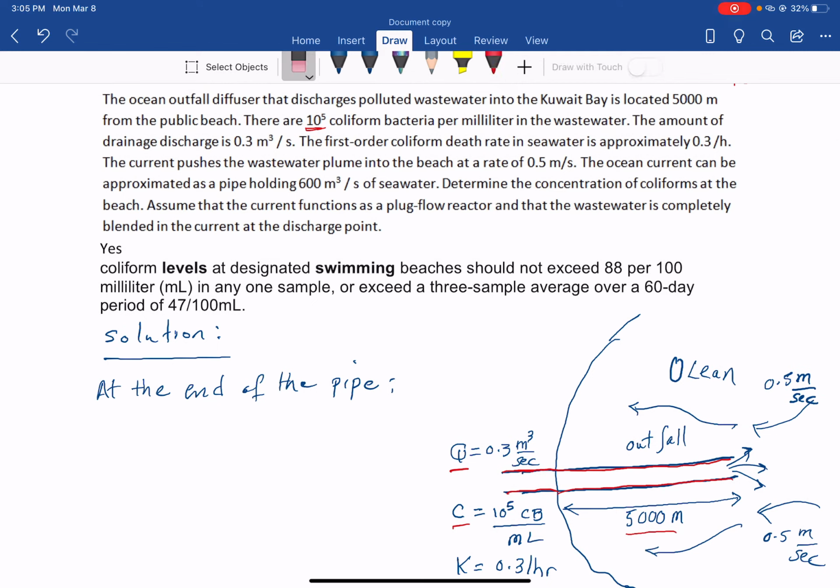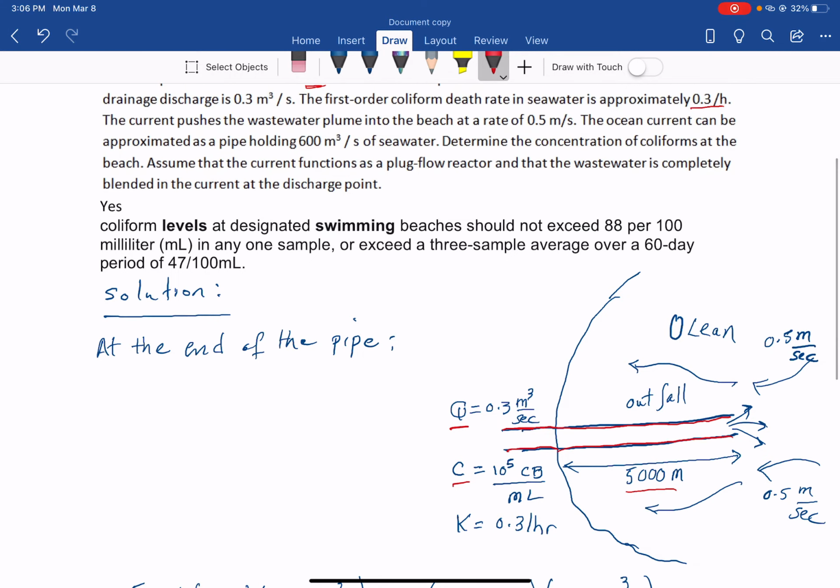The first order coliform death rate in seawater is approximately 0.3 per hour. So we have K. The current pushes the wastewater plume into the beach. So here, the wastewater is leaving the outfall, again 5 kilometers inside the Gulf.